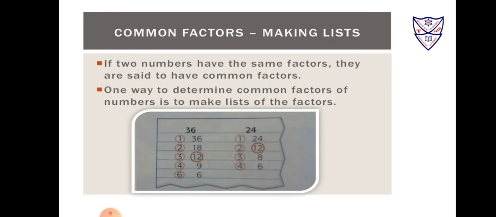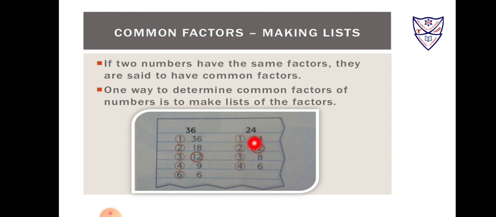Let us make a list of common factors. Now students, if we want to make a list of common factors, first of all we will find the factors of both the numbers. For example, here I have taken the example of 36 and 24. So factors of 36 are 1, 2, 3, 4, 6, 18, 12, 9 and 36 itself.